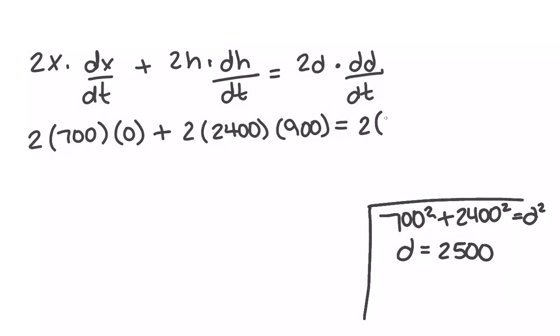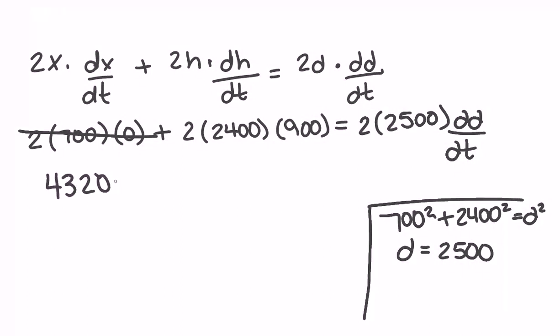So that's 2 times 2,500 times dd over dt. The 2 times 700 times 0 goes away. 2 times 2,400 times 900, that's 4,320,000 equals 5,000 times dd over dt.